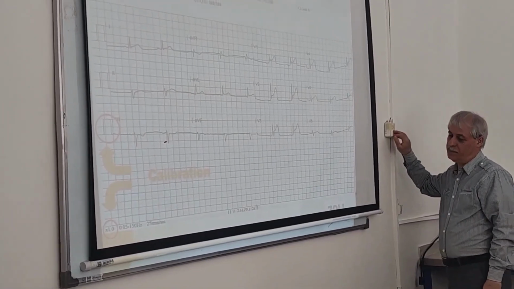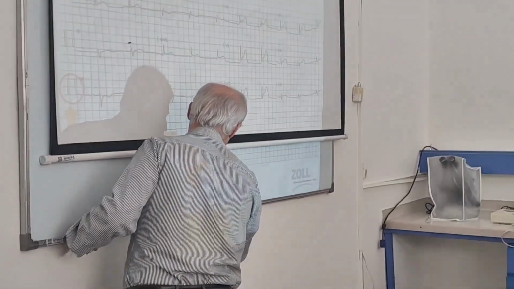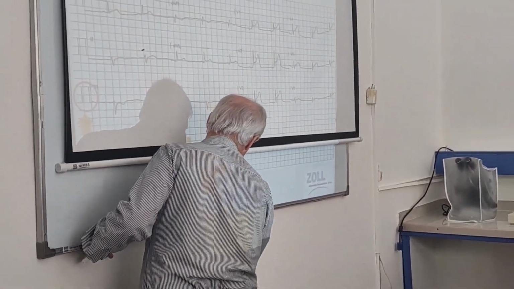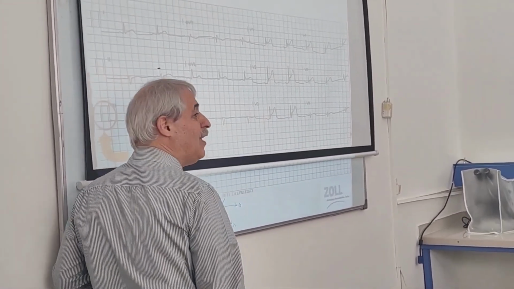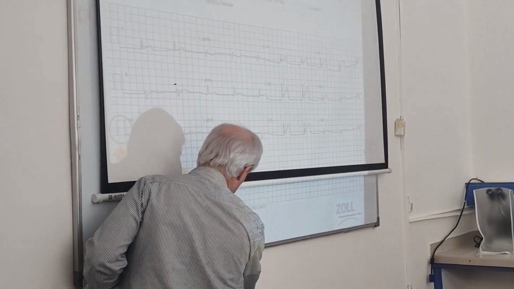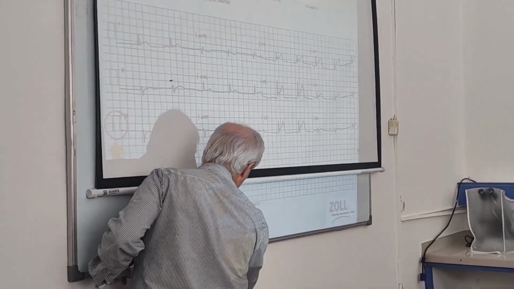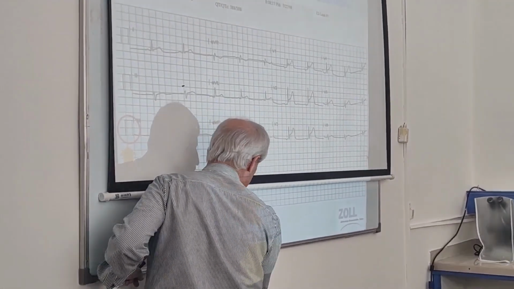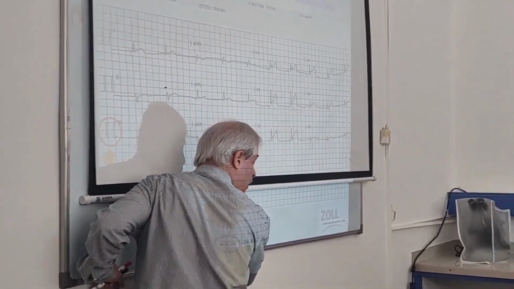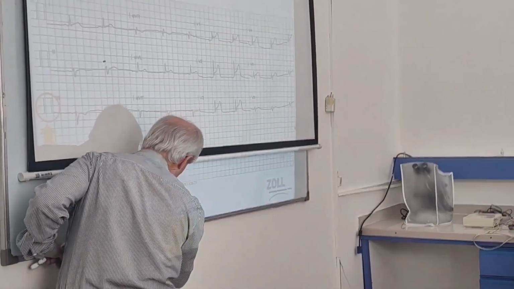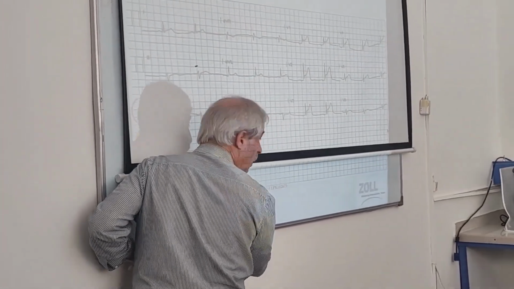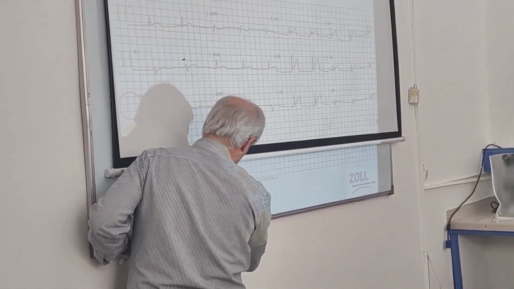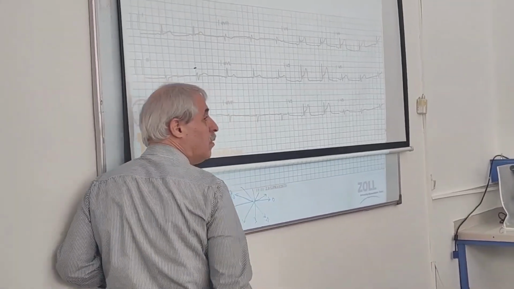Take a look. Lead 1 is 0 degrees, 2 is 60, 3 is 120. Halfway from the negative direction would be minus 30, that would be 90, that would be 210.